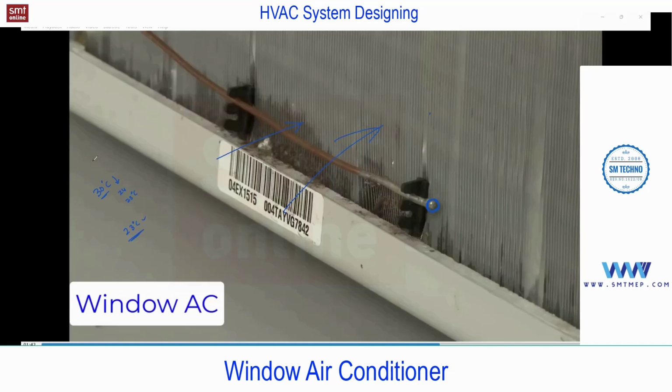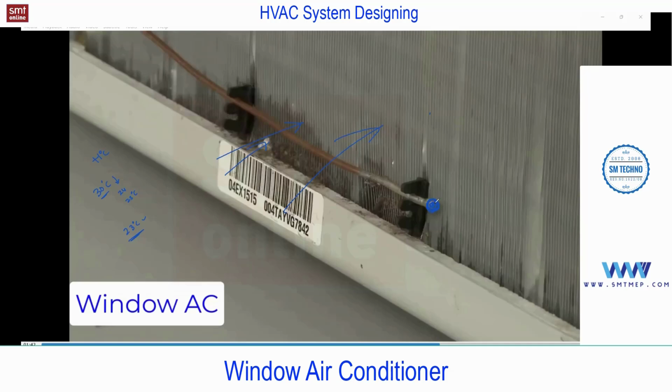We have plus or minus, say, 1 degree centigrade or 0.5 degree centigrade throttling range. So when 23 is attained in the room, in the return air also you'll get the same temperature, na? And continuously this sensor will monitor the return air temperature.